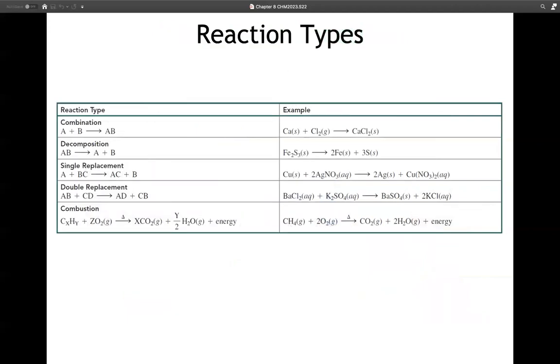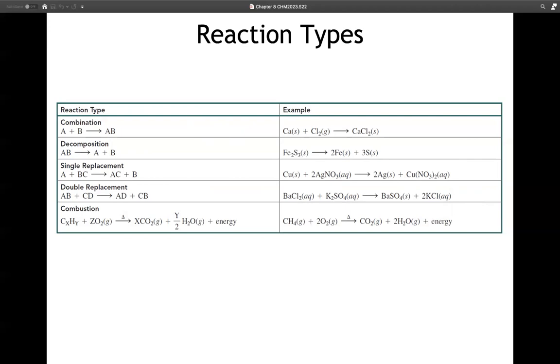So this is a summary of the different types of reaction: combination, decomposition, single replacement, double replacement, and combustion reaction. In combination, we have the example of calcium reacting with chlorine gas to form calcium chloride. In decomposition, we have iron 3 sulfide decomposing to form iron and sulfur.